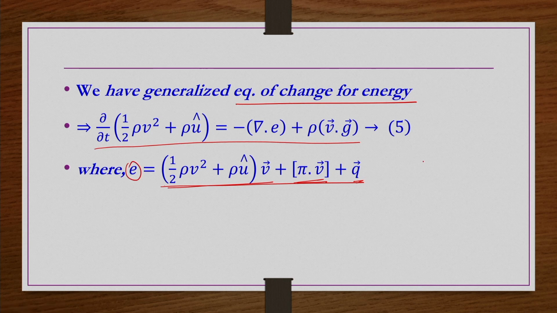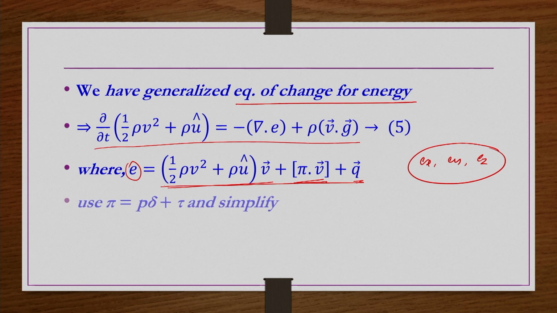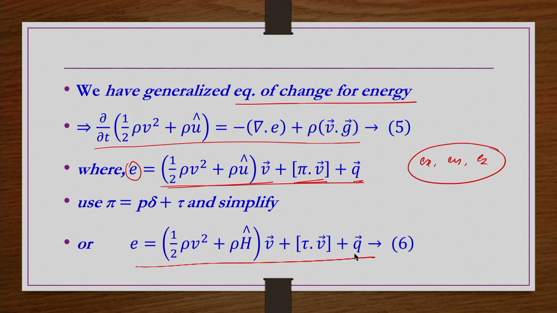It has Ex, Ey, Ez, 3 components. So, if you expand this one, you get 9 such components. This phi we know as P delta plus tau, and finally we have also seen E is equal to half rho v square plus rho h tilde v plus tau dot v plus q. This is what we had seen, right.